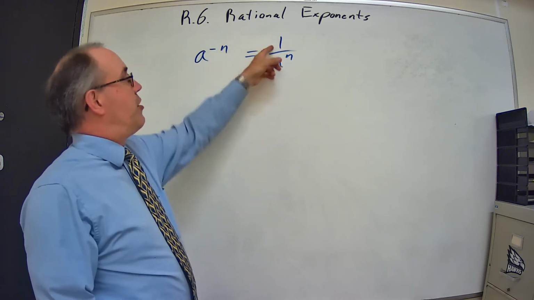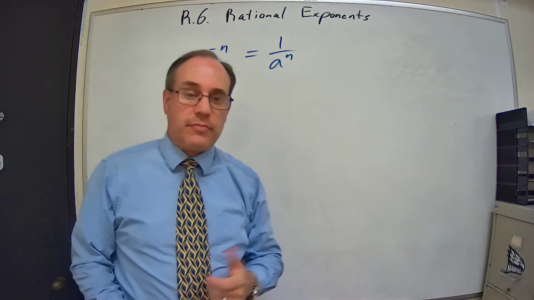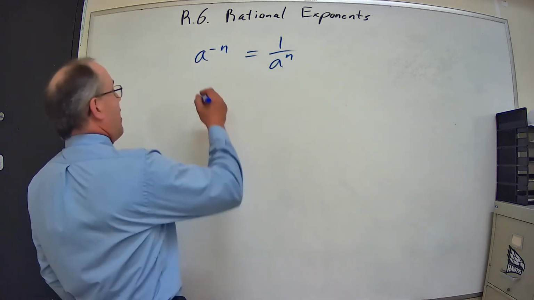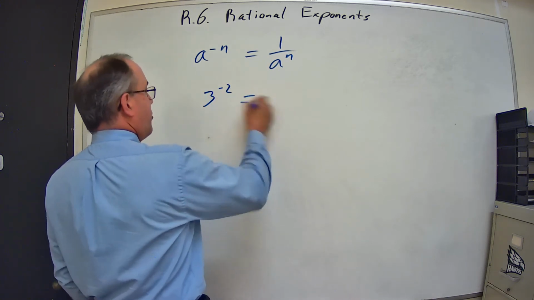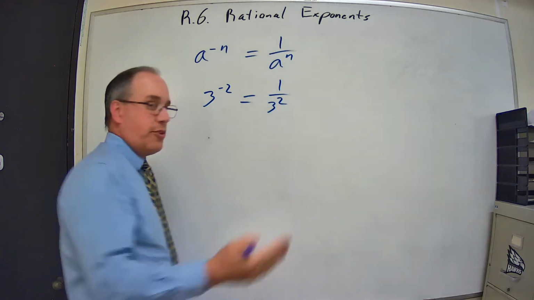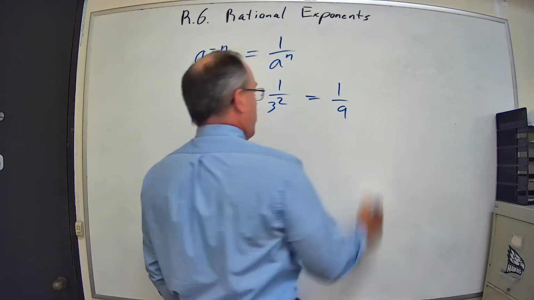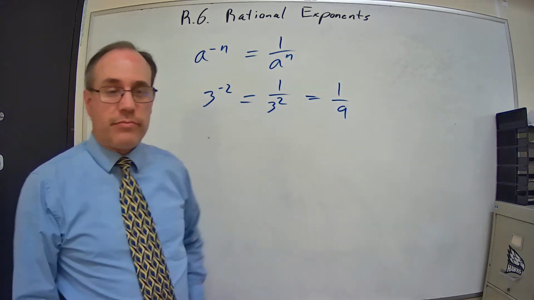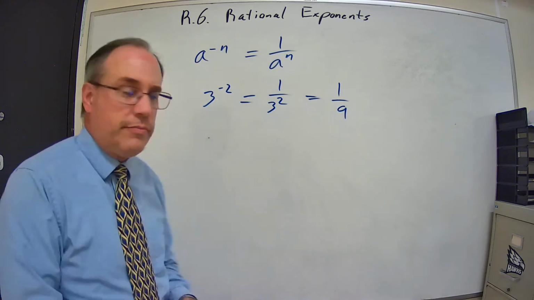If it's in the numerator, move it into the denominator. If it's in the denominator, move it into the numerator. So if we have 3 to the negative 2, that's 1 over 3 squared, which is just 1/9. Pretty straightforward, but just a reminder of that.